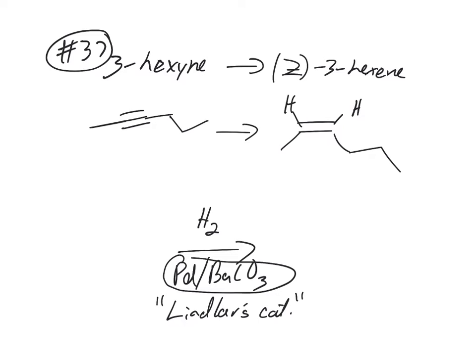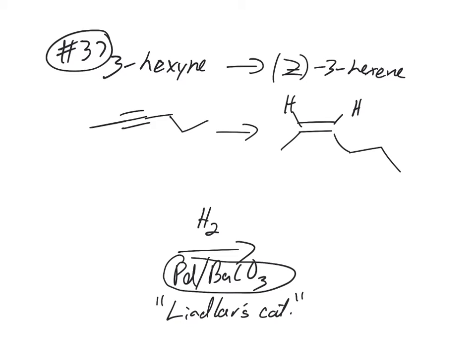So the first one was sodium borohydride. What does sodium borohydride react with? What have you seen NaBH4 react with? Carbonyls. There's no carbonyl here. You've never seen sodium borohydride react with an alkyne. Sodium and liquid NH3, that's that sea of electrons one, remember?